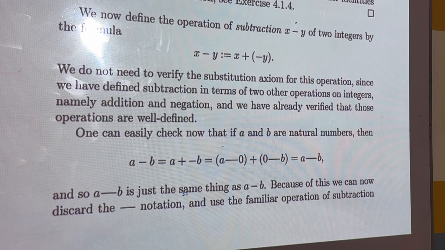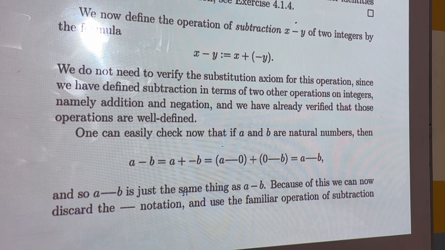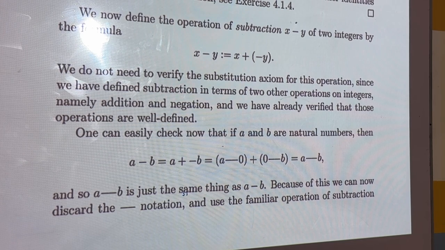So natural numbers are embedded in C. Then my problem is, he has written A minus B. How can we write for natural numbers A minus B? That is the problem.